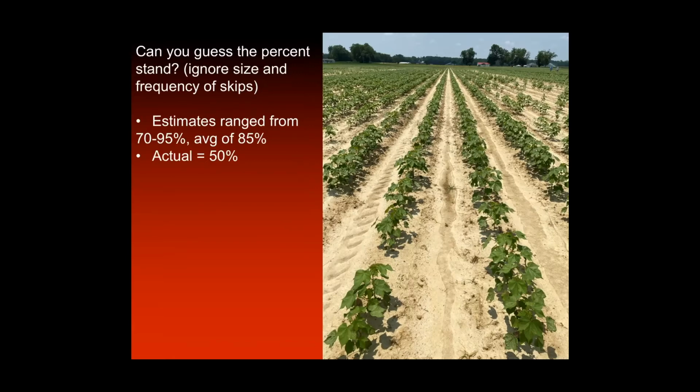Especially for early planted cotton, keep in mind that cotton can compensate for small skips, and if they're equidistantly spaced, that's not necessarily a big deal. So when we get that question on what percent stand can we live with, we really need to reframe that and focus on the size and frequency of skips, and go back to focusing on 3-foot skips or greater, not necessarily a percent stand.